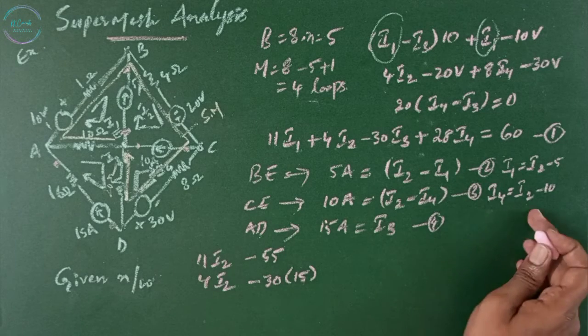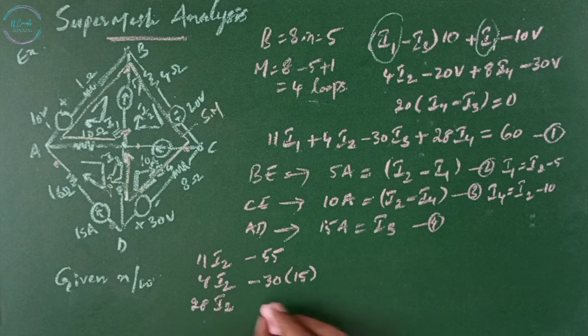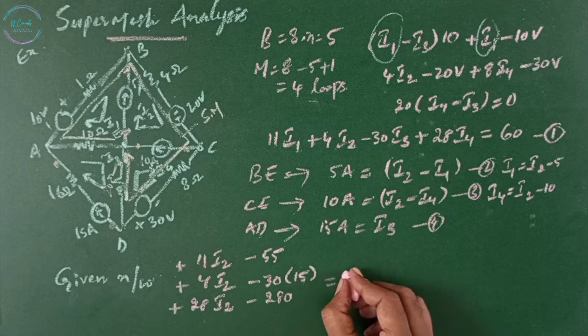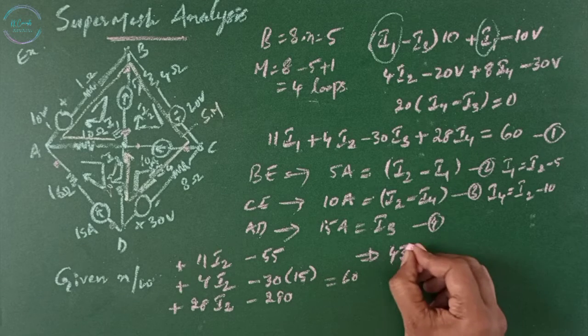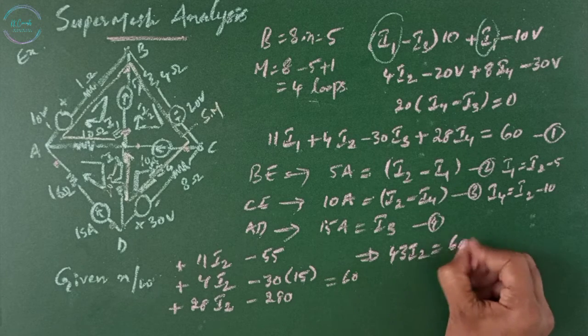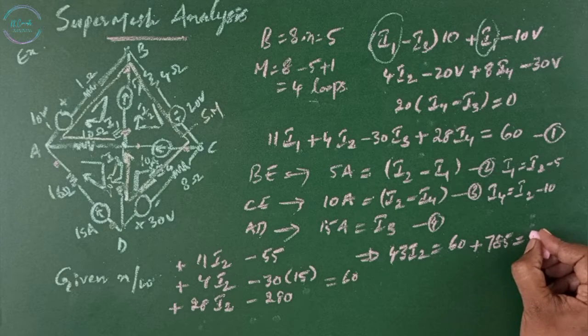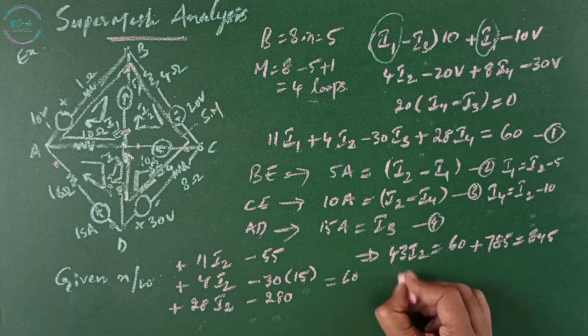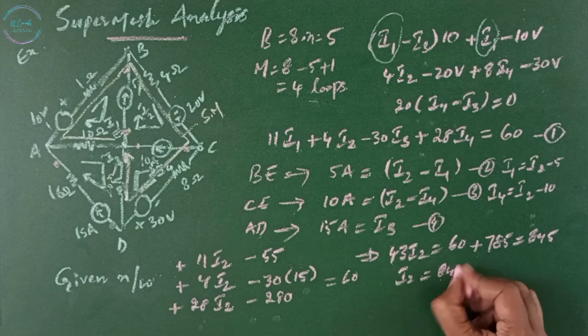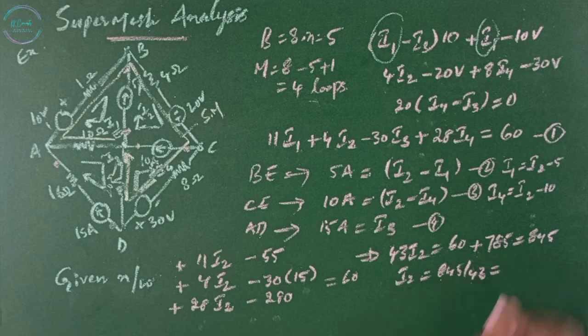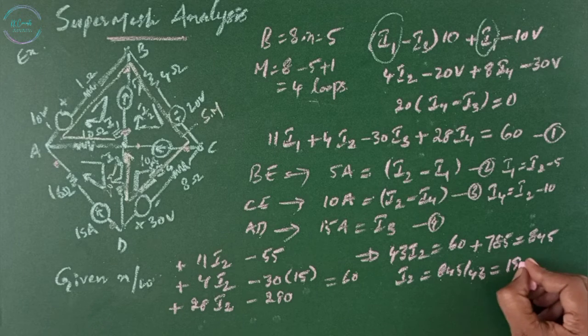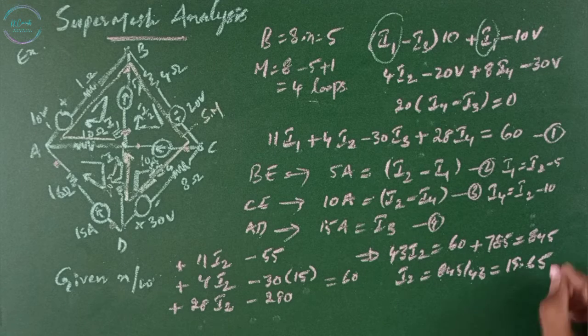With I4 in terms of I2, 28 I2 minus 280, which equals 60. So 43 I2 equals 60 plus 785, which is 845. Then I2 equals 845 divided by 43, which is 19.65. Now we have I2.